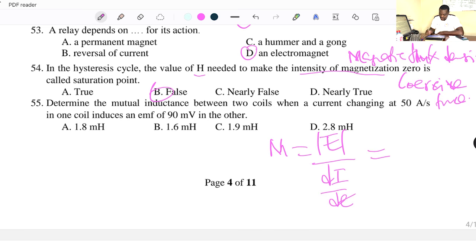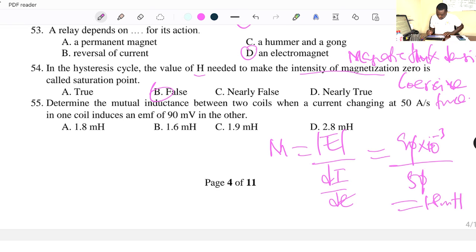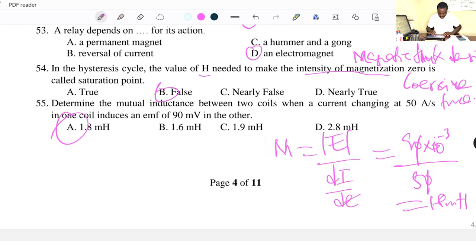So we have 90 milli over 50, and this cancels to 9 divided by 5, that is 1.8. So we have 1.8 milli Henry. So the answer here is A.